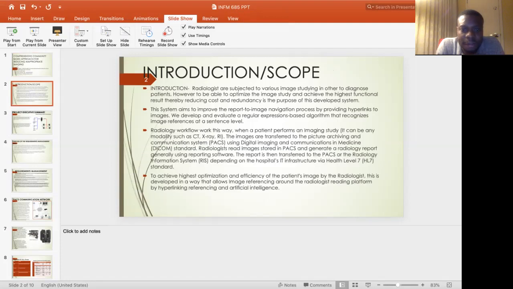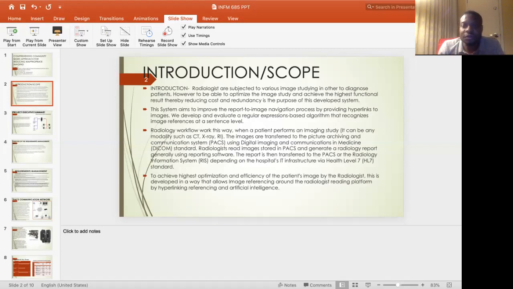In this slide, what I talked about is the introduction, which is how radiologists are subjected to various image studies in order to diagnose patients. However, the goal is to optimize the image study and achieve the highest functional result, thereby reducing the cost and also the redundancy.